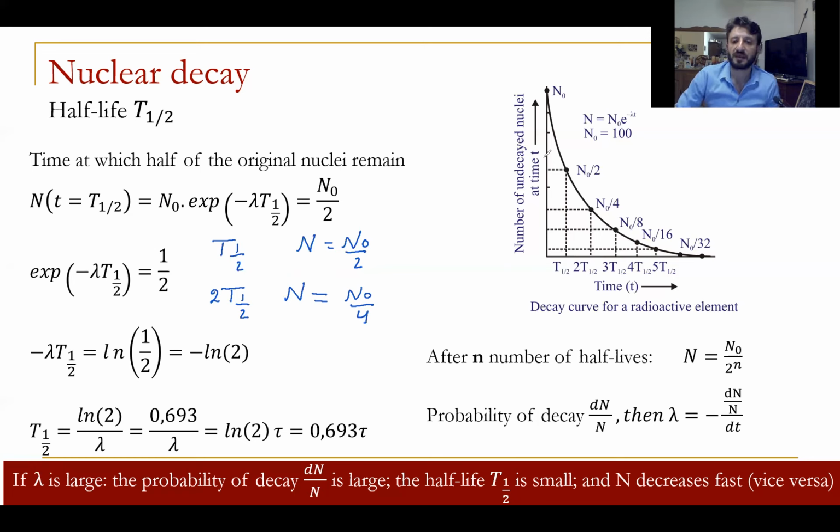For example, if we initially have N0 equals 100 unstable nuclei, at t half we get 50. At this point we get 50 unstable nuclei. At the second t half, or 2 t half, we get 25. At 3 t half we get 12.5, and so on.